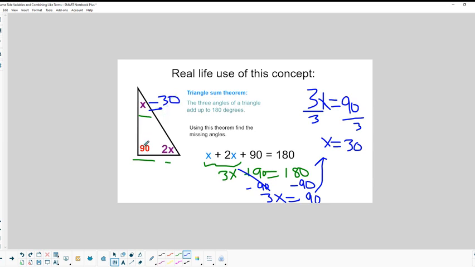And 30 and 90 is 120. And so I can subtract 120 from 180 and find out that this angle down here is 60. Or I could have used this idea that x equals 30 and do 2 times 30 is 60. And there are the measures of my three angles of that triangle.